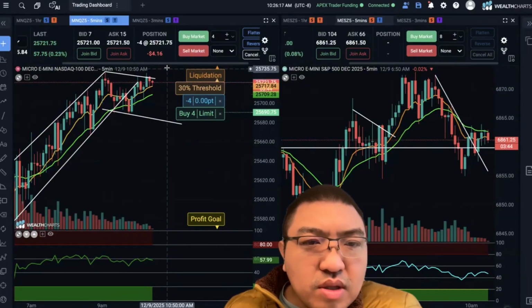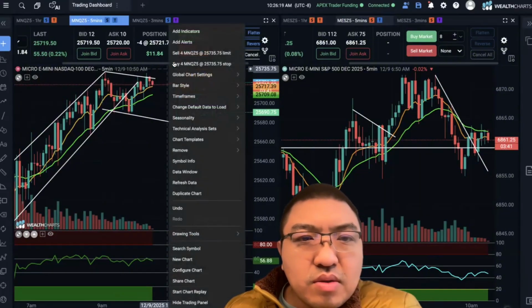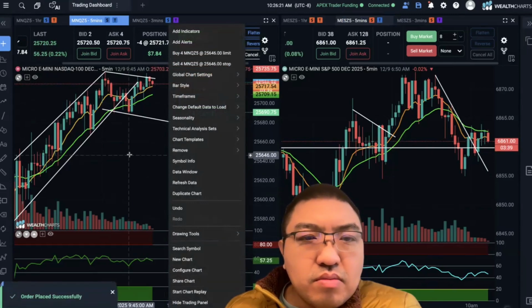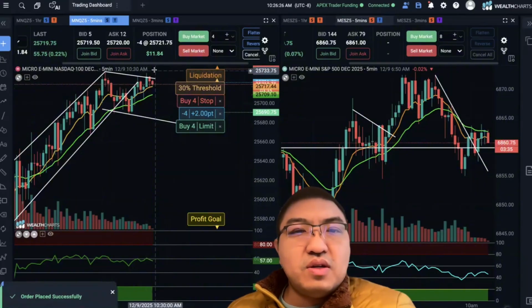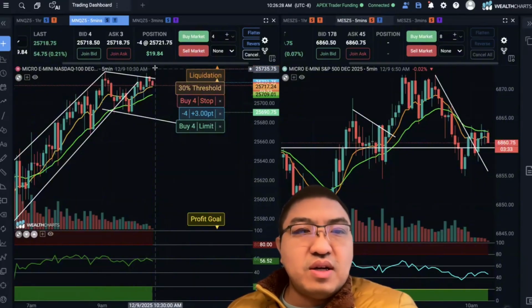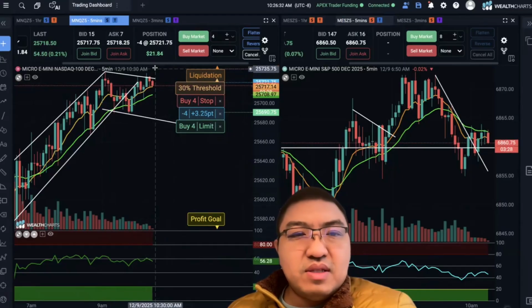So let's just set the stop loss here. If it arrives here, breaking out to the higher high, then it probably means a trend reversal.